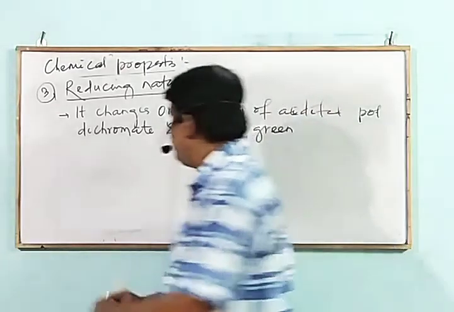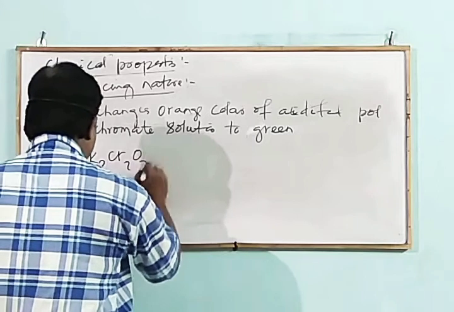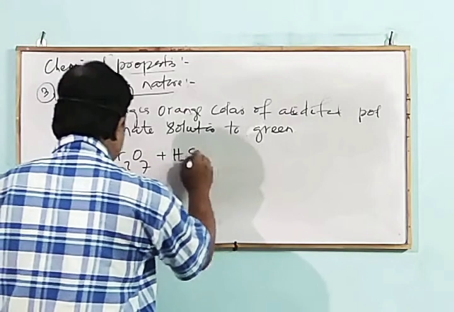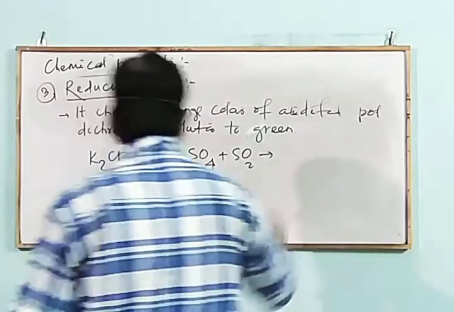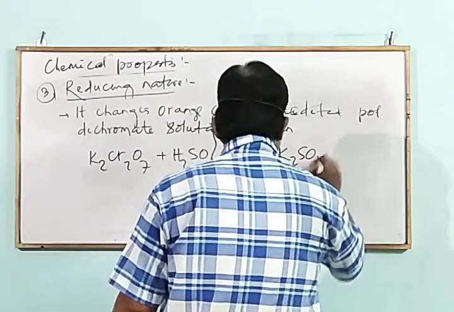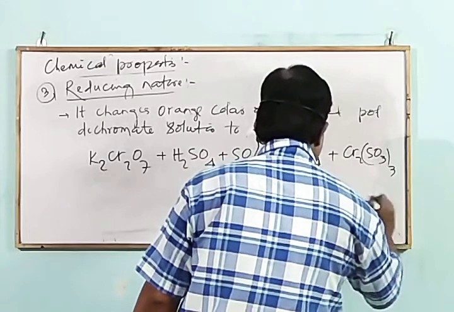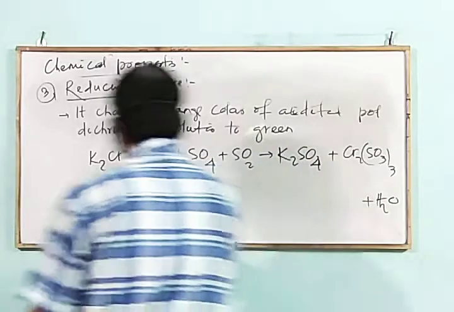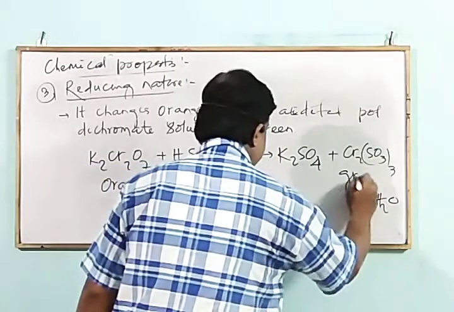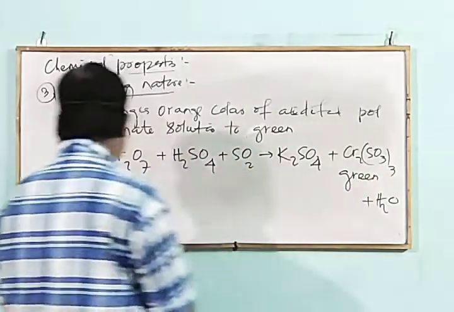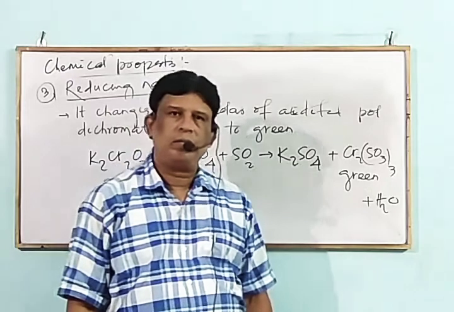Mark the equation. K2Cr2O7 plus H2SO4 plus SO2 give rise to K2SO4 plus Cr2(SO4)3 plus H2O. It is orange color. It is green. That means orange color changes to green color.